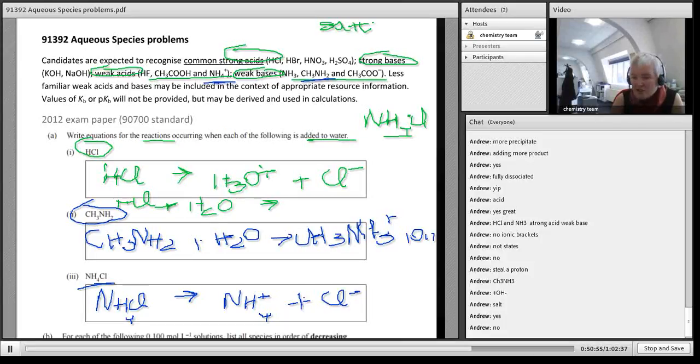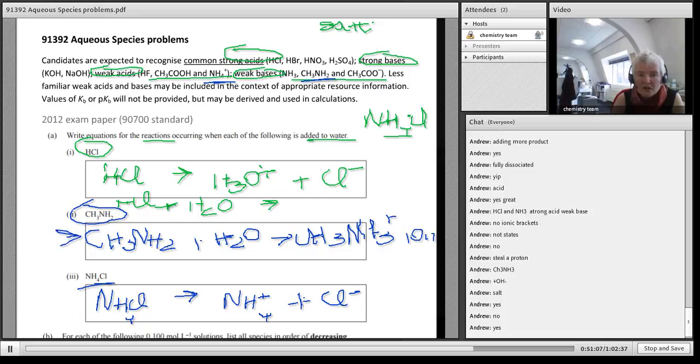Do weak acids react with water? Yes, it does. So just like my weak base reacted with water over there, a weak acid also will react with water. And I'm going to see if I can just type it in, because that's going to be so much easier.